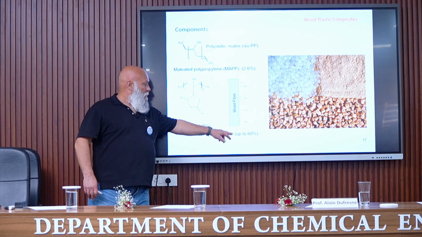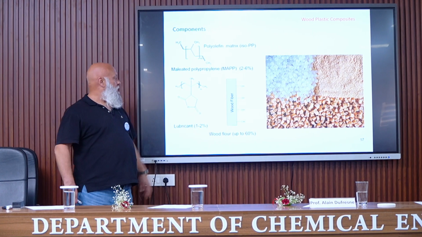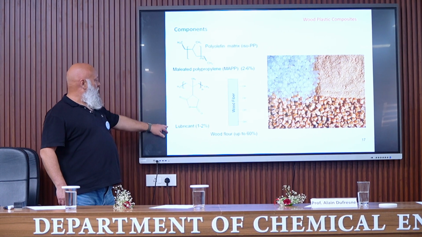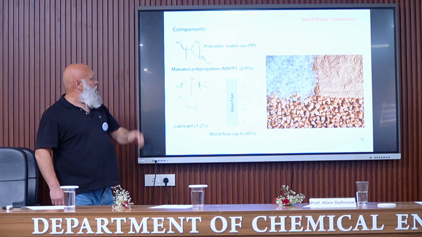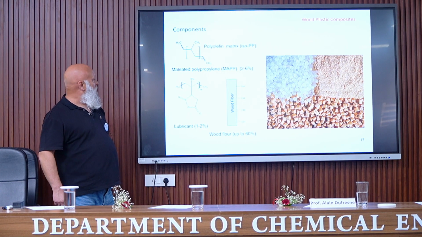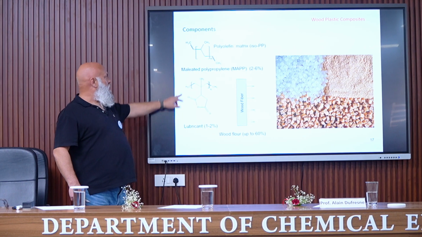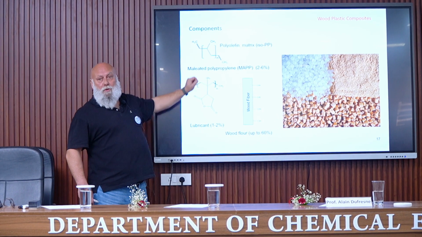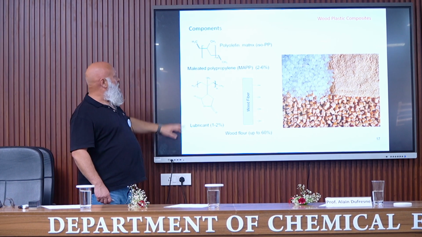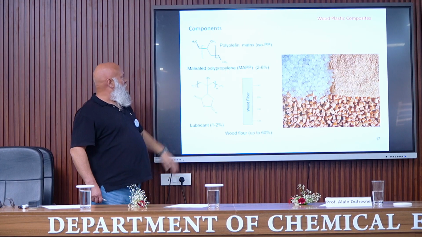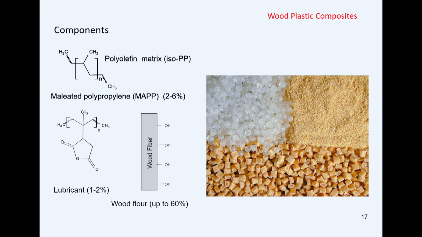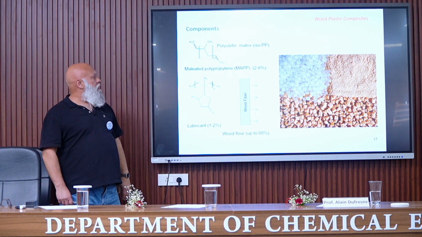And a lubricant is used just to facilitate the mixing of the two materials. And as mentioned previously, a compatibilizer is necessary, and generally a copolymer of maleic anhydride and polypropylene is used with 2 to 6% of maleic anhydride moieties.